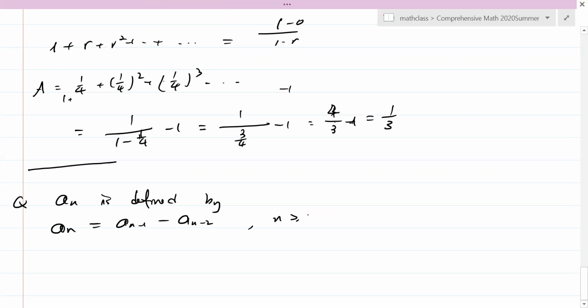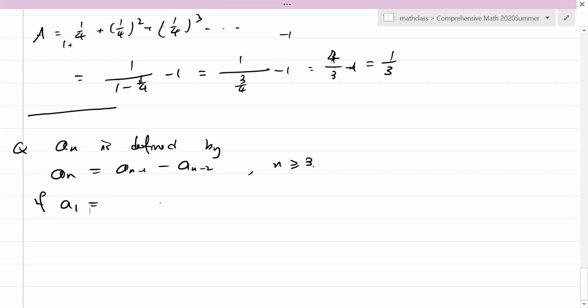So here n is greater than or equal to 3. Okay, if a1 is 1, a2 equals 2, what is a1 plus a2 all the way to a100?